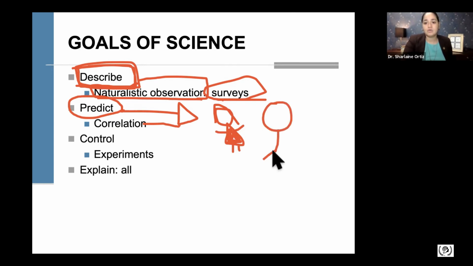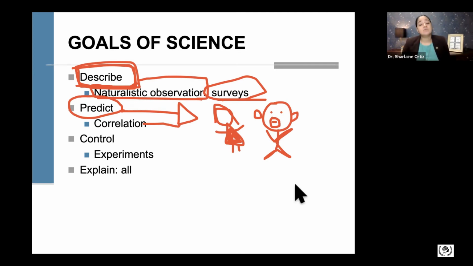So a prediction would be, the redder the dress, the more likely she is going to be asked out for a date, for instance. So that would be a correlation.